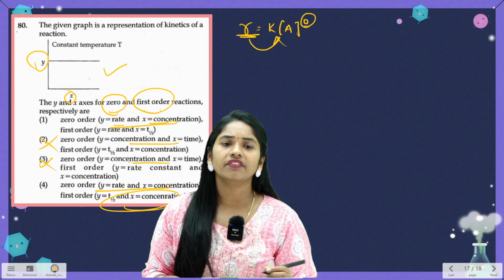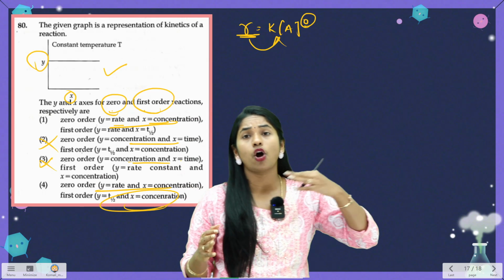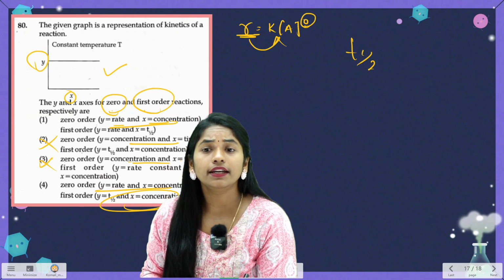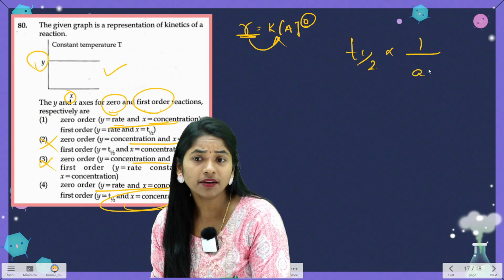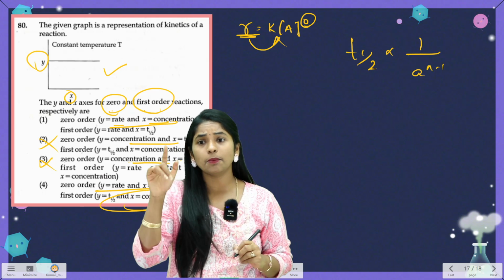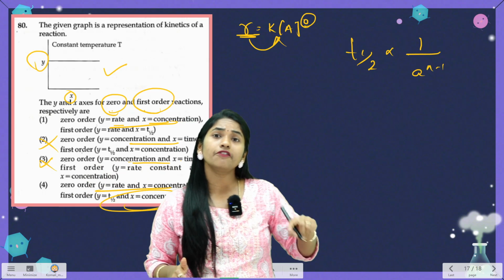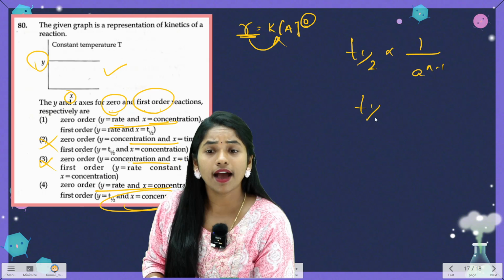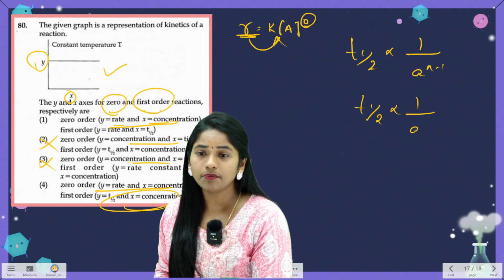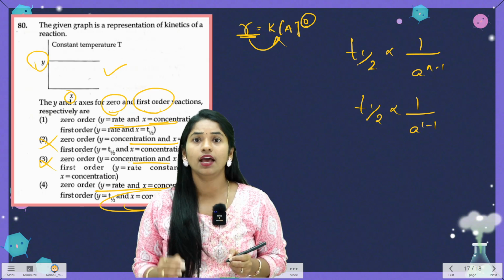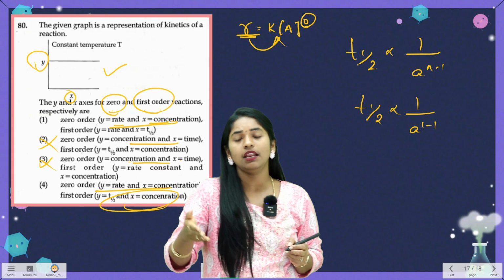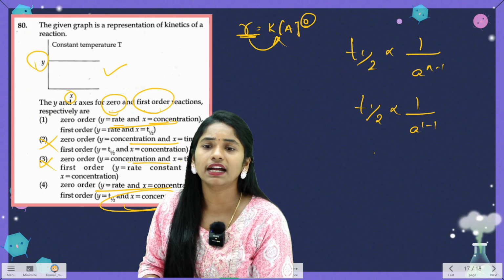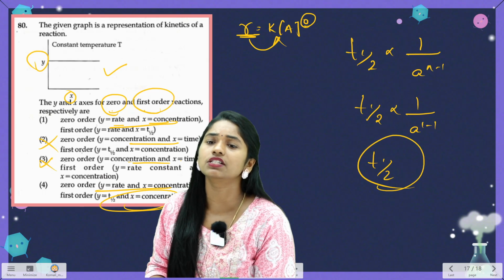Here they have given T half and X concentration. We all know one famous formula: T half is proportional to 1 by a to the power of n minus 1. If it is a first order, substitute 1 there, then you will get T half is proportional to 1 by a to the power of 1 minus 1. a to the power of 0, anything to the power of 0 is 1, which means that T half is independent of concentration.